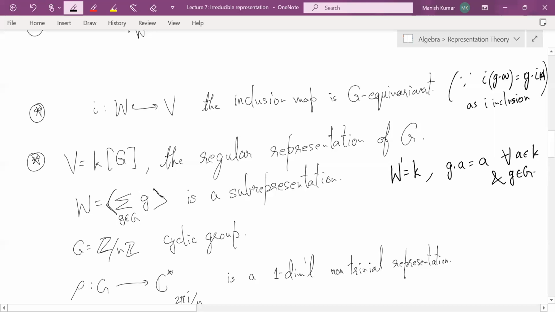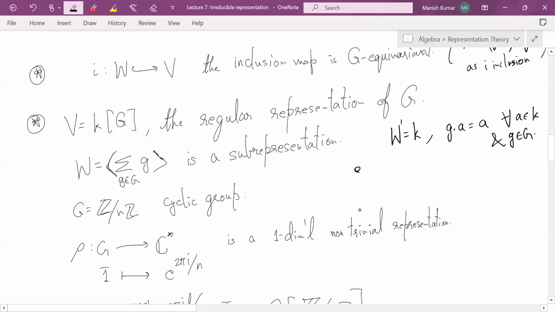If you want to give a G equivariant map tau from W prime to V, how do you do that?